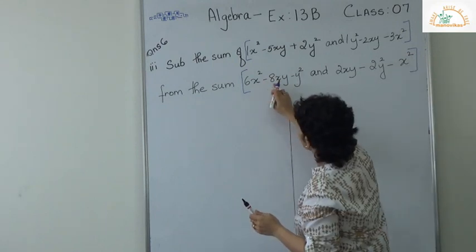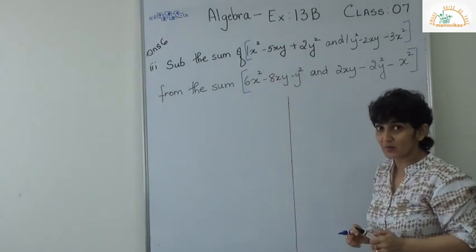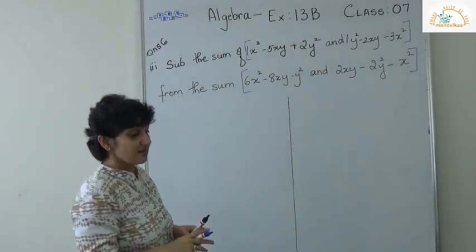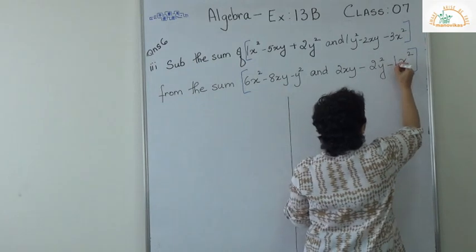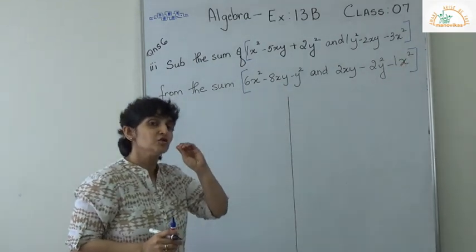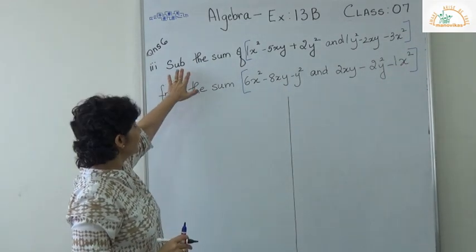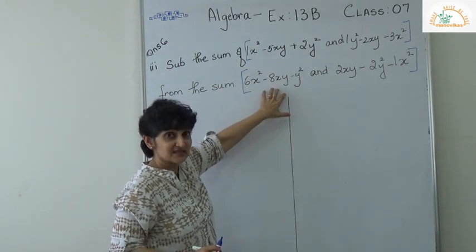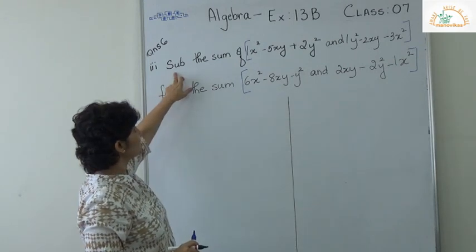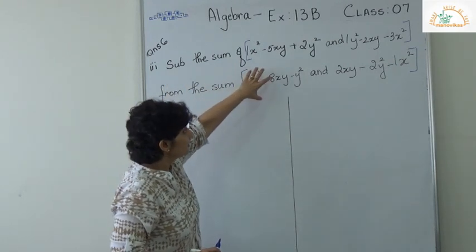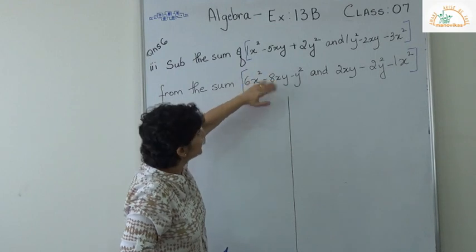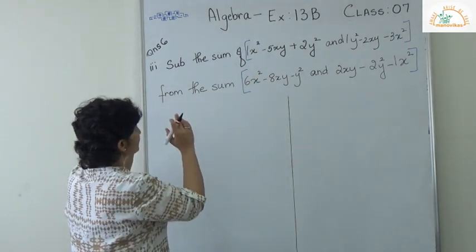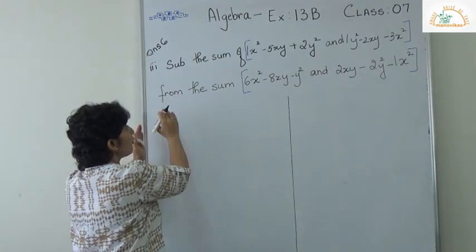That is 6x squared minus 8xy minus y squared and 2xy minus 2y squared minus 1x squared. So what do you understand by this? I need to add this and I need to add even this expression. But how do I subtract? I subtract this answer, the lower answer, minus the upper answer. You got it? So subtract the sum of this from the sum.